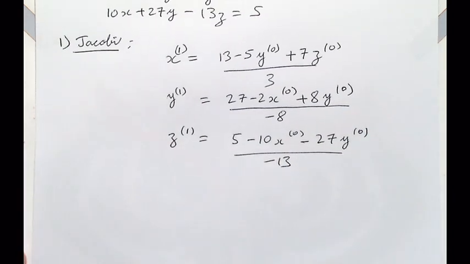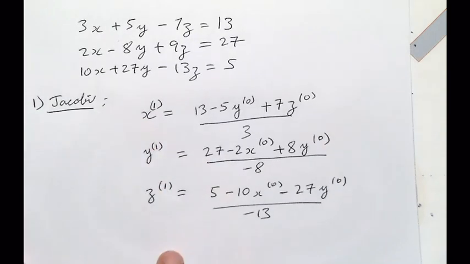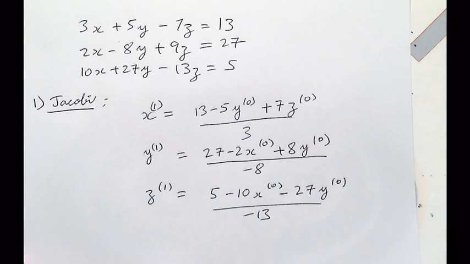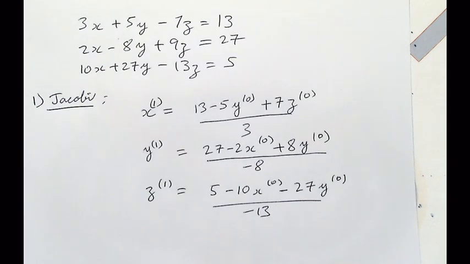Fine. So x, y, z can be computed as follows. What are x naught, y naught, z naught? Since you've seen this before, do you remember? How should I pick x0, y0, z0? I think they are initial guesses. They are initial random guesses. You can pick it to be whatever you want.